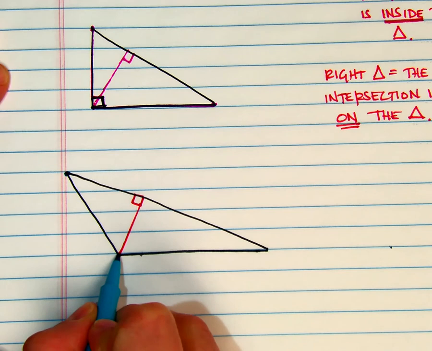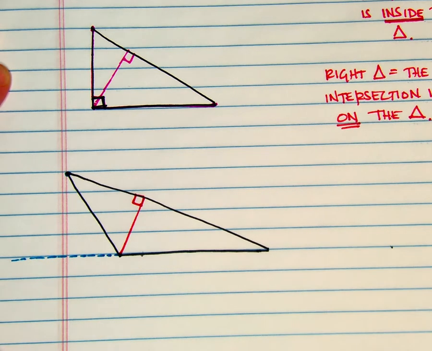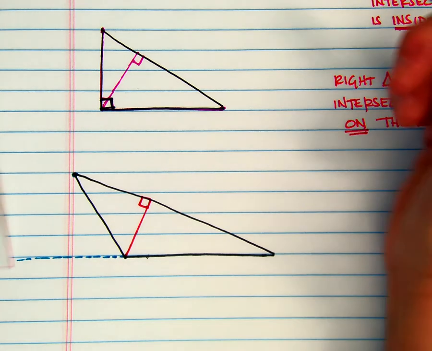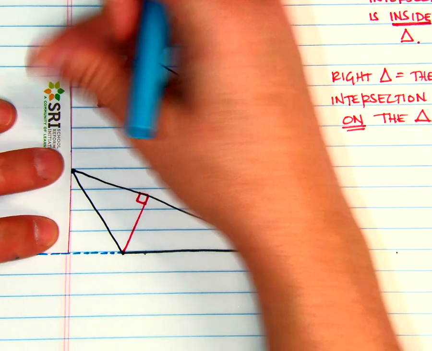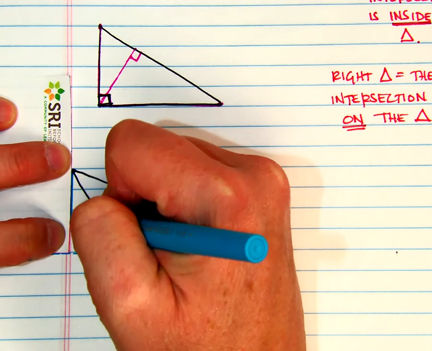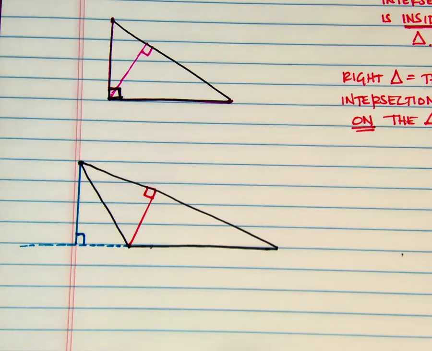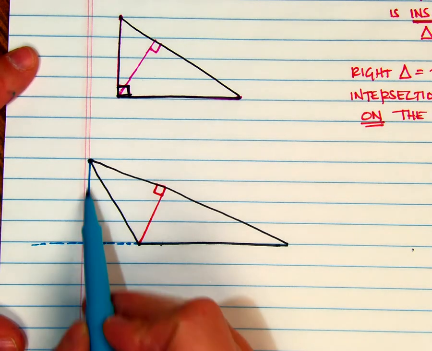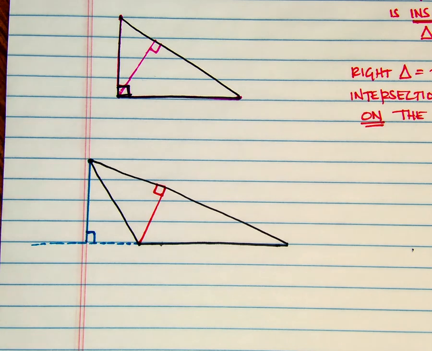So because it's not part of my triangle, I'm actually just going to dash it out there because it does exist. Lines don't stop. Now I'm going to line it up and create my right angle. So notice this altitude is already outside the triangle.